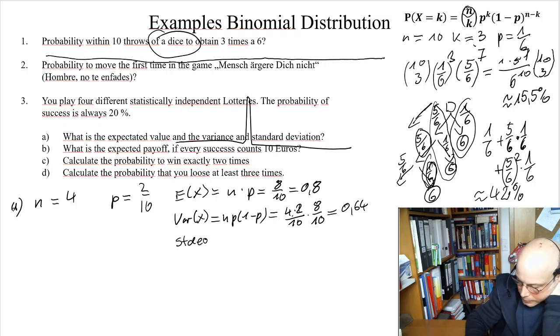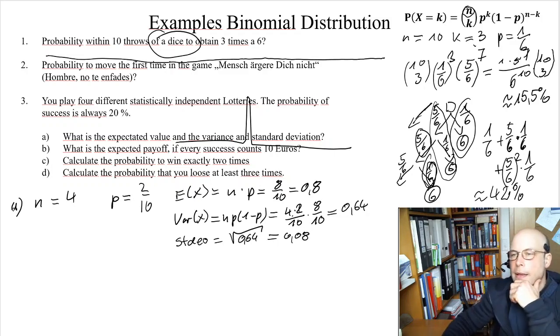And then the standard deviation is square root of 0.64 is 0.08.